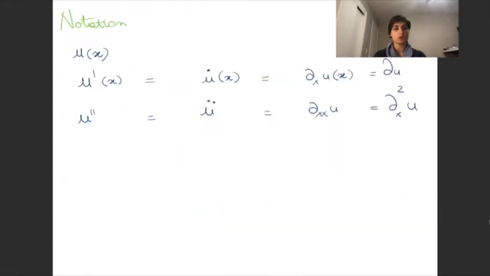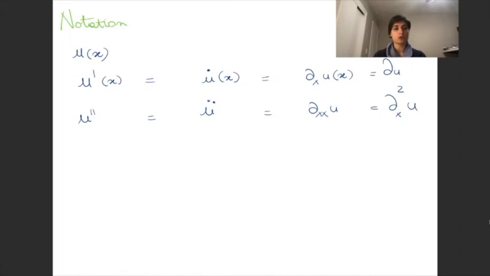Let's dial back a little bit and look at possible notations. Notations, when you're talking about derivatives, can be a bit overwhelming because there are a lot of different ways of indicating the same thing. So if u is a function of just one variable, we can indicate the derivative of u as u prime, u dot.